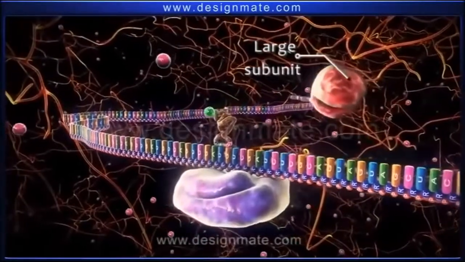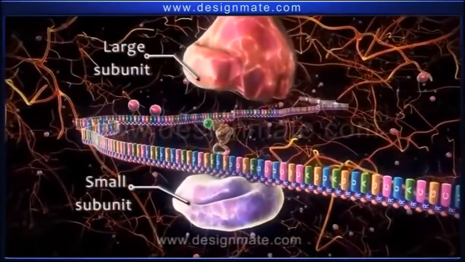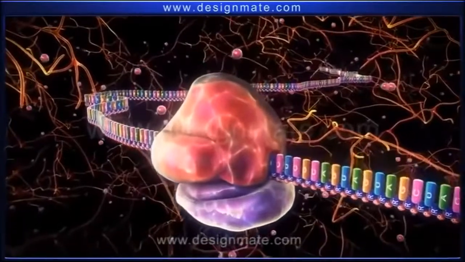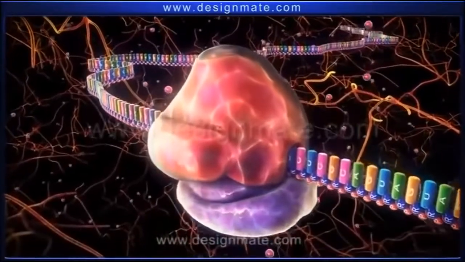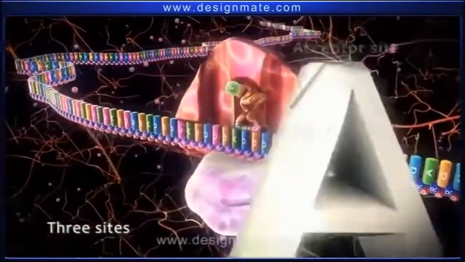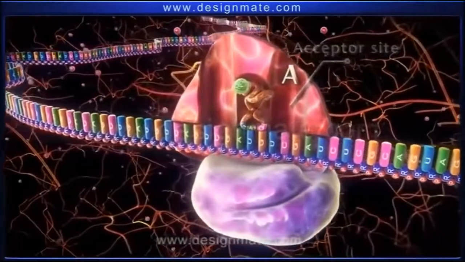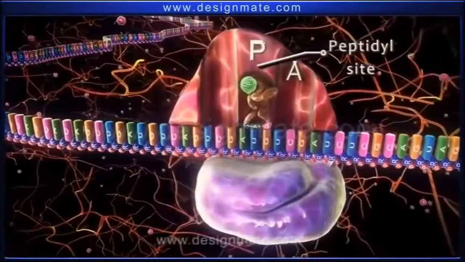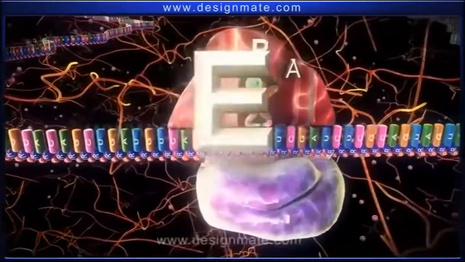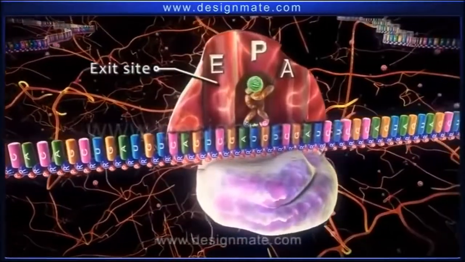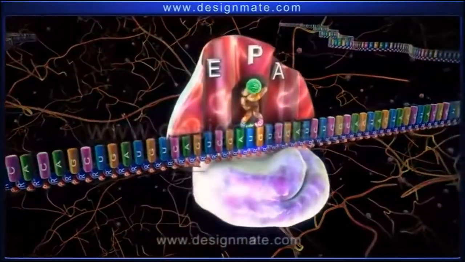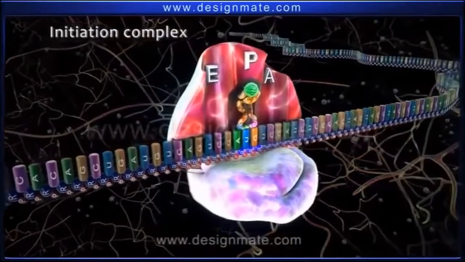Then a large subunit of ribosome combines with the small ribosomal subunit. The large subunit shows 3 sites: the acceptor site or the A site, the peptidyl site or the P site, and the exit site or the E site. This whole unit forms the initiation complex.